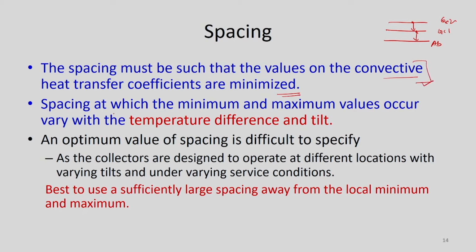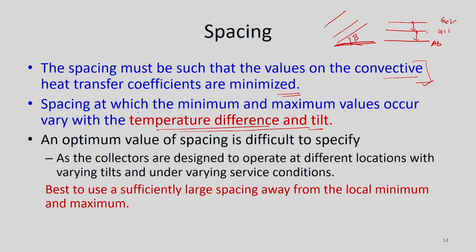The spacing at which the minimum and maximum values occur vary with the temperature difference and tilt. Okay. So, this temperature difference between this cover system and the tilt. So, this will be always installed at certain angle. So, this is beta, this is horizontal. Okay.